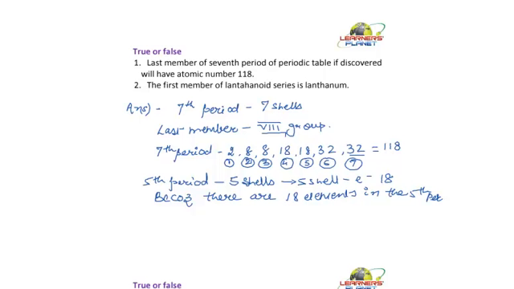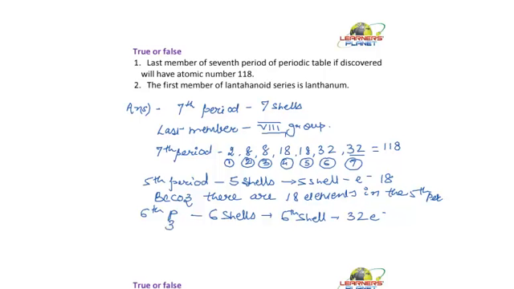Right? Likewise, in the 6th period, how many shells would be there? 6 shells. How many electrons would be there in the 6th shell? There would be 32 electrons. Why?